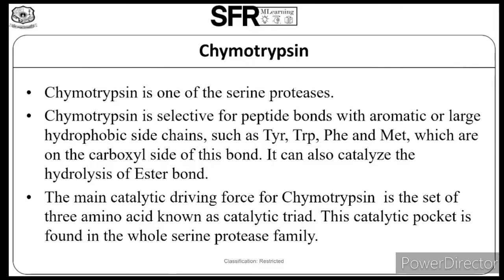The action of enzyme is always very specific, and chymotrypsin is specific in cleaving the peptide bond of the protein molecule. This is helpful in the digestion of the food material which contains protein. The action of enzyme depends upon the way in which the enzyme binds with the substrate to form the enzyme substrate complex, which then dissociates to form the products.